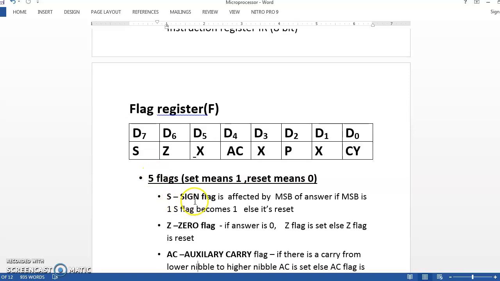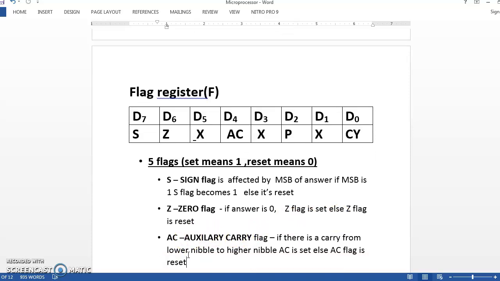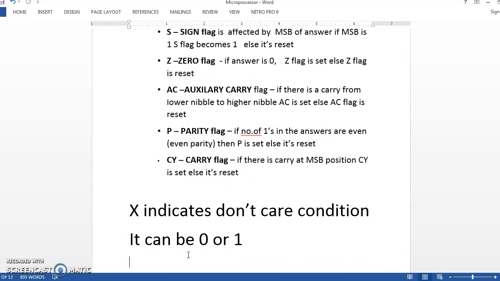So S stands for sign flag, which is affected by the MSB of the answer. If the MSB of the answer is 1, the sign flag becomes 1, otherwise it is reset, that is 0. Zero flag: if the answer is 0, the zero flag is set, otherwise it is reset. Auxiliary carry flag: if there is a carry from the lower nibble to the higher nibble, last 4 bits to next 4 bits, it is set, otherwise it is reset.